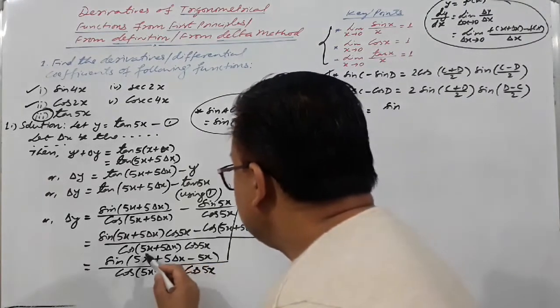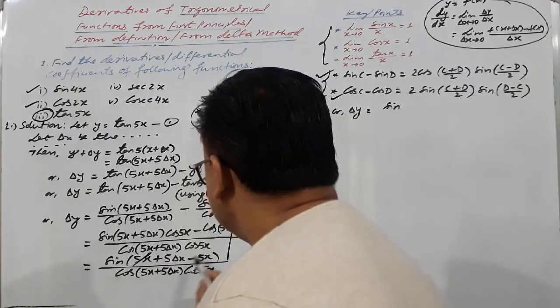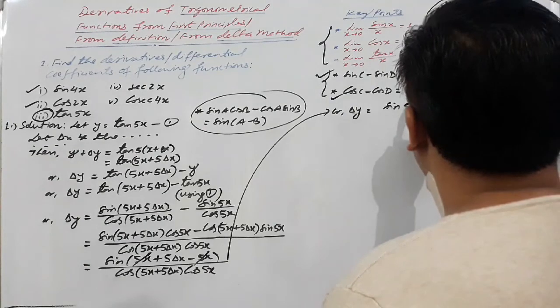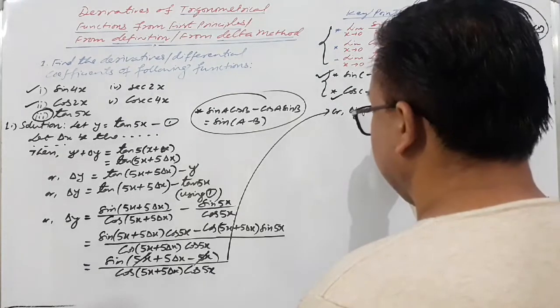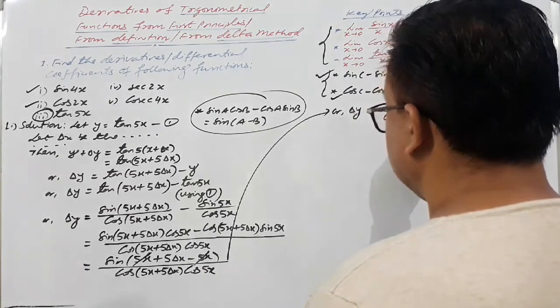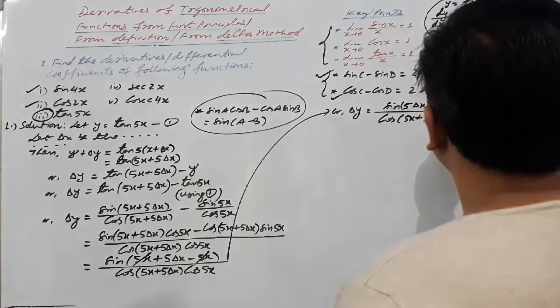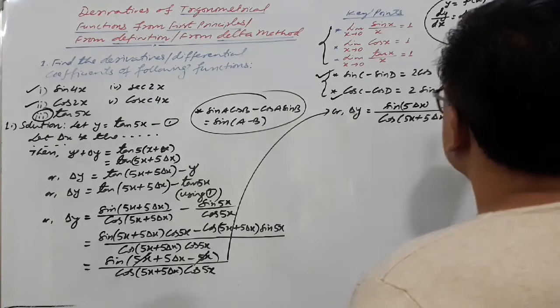Here positive and negative cancel, so you will have sine 5 delta x over cos of 5x plus 5 delta x times cos 5x.